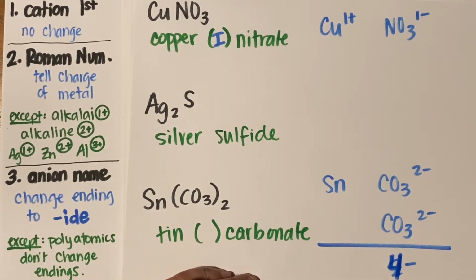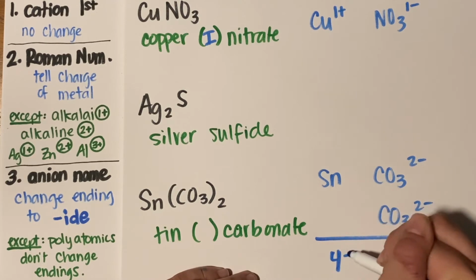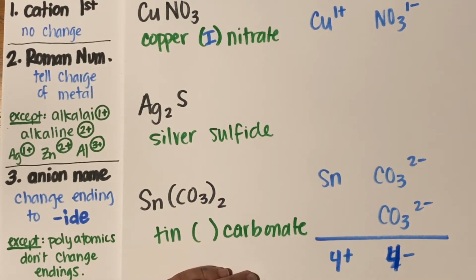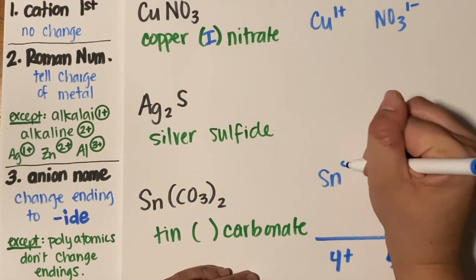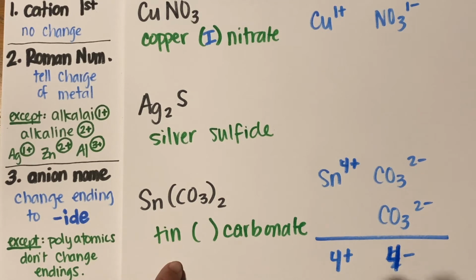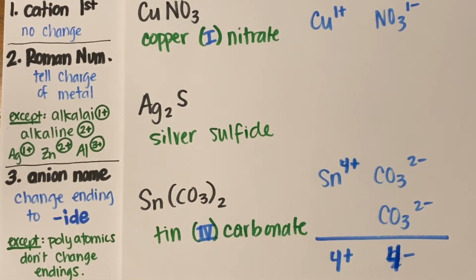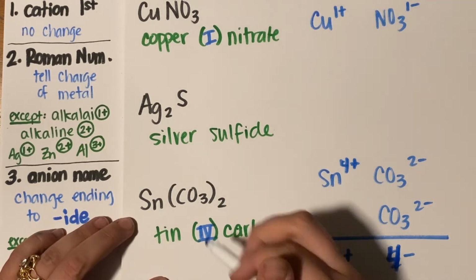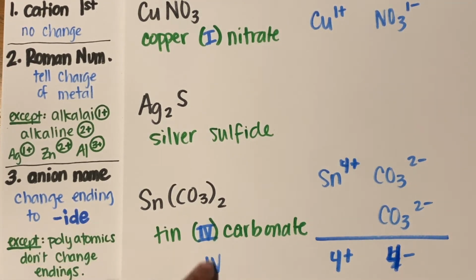That means there's a 4 minus charge total from my anions, which means my cations have to have a 4 plus charge total. And there's only this 1 tin, so that tin has to have all 4 pluses of that charge to balance out. So this is going to be tin 4 carbonate.